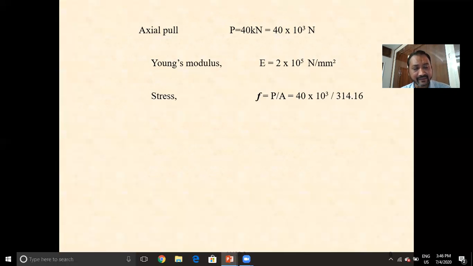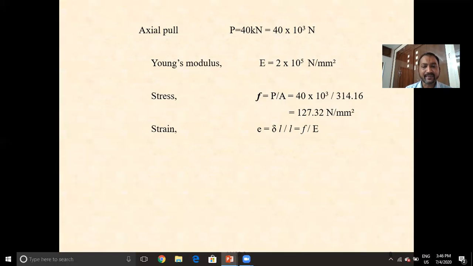As we know, stress sigma is equal to P by A. P means the force, 40,000 newtons, and area is 314.16. So it comes to be 127.32 newtons per square millimeter. This is the stress.